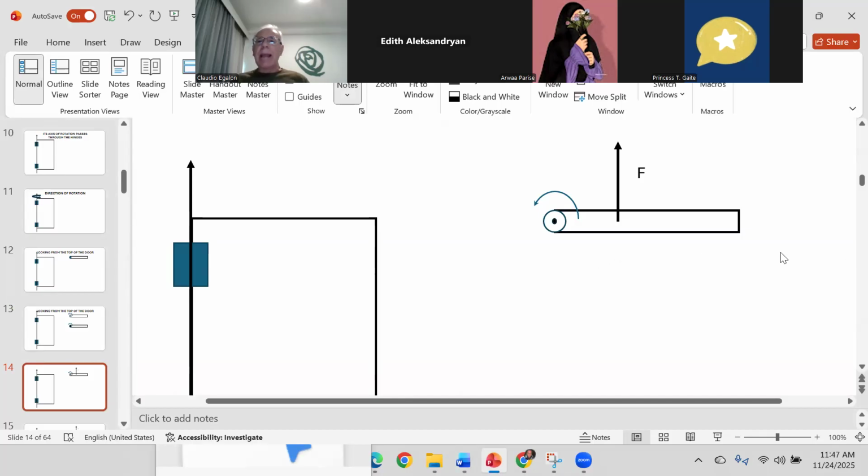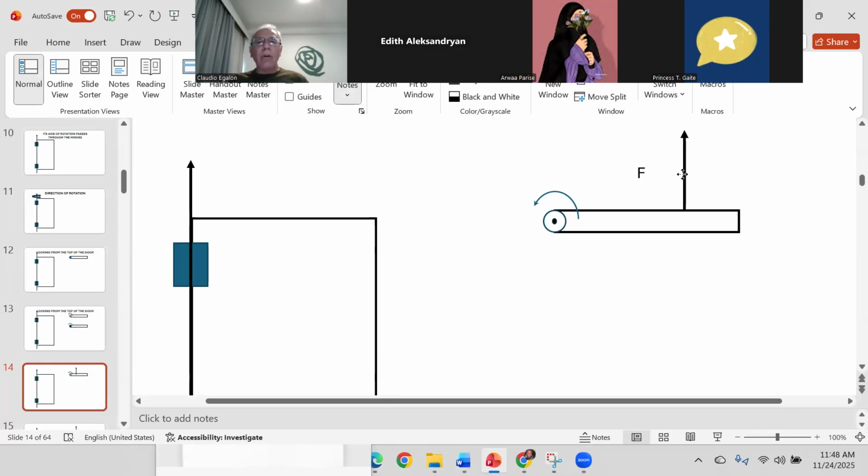Depending on the position where you apply this force to the door, you're going to have more or less torque. Have you ever experienced that with a door? It's much easier to open a heavy door if you apply a force at the very tip of the door. Why is that? Because it makes your torque larger. The larger the distance from the axis of rotation, the larger the torque becomes.